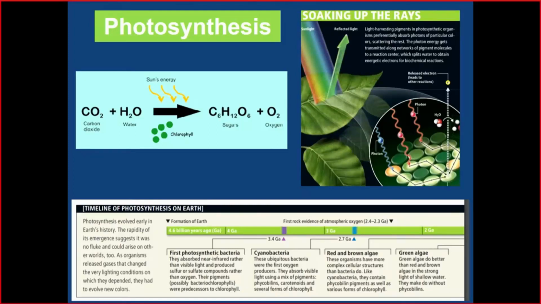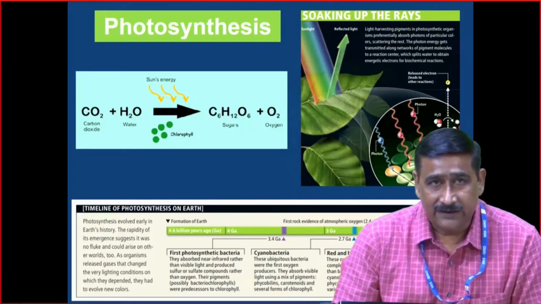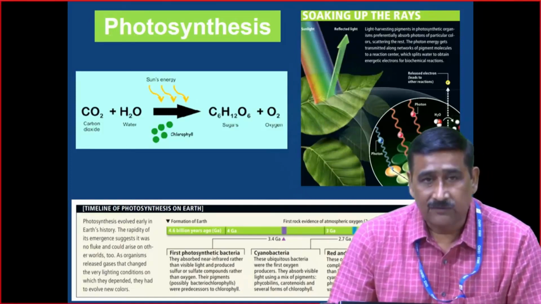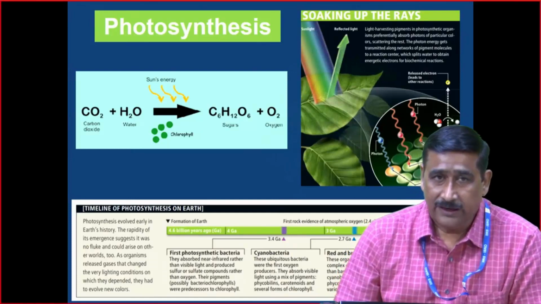It is a process in which carbon dioxide plus H2O, together in the presence of sun energy within the chlorophyll of the leaf or plant system, get converted into sugar, C6H12O6, and oxygen. So the process in which carbon dioxide and water get converted into sugar, or carbohydrate in general, and oxygen is known as photosynthesis.